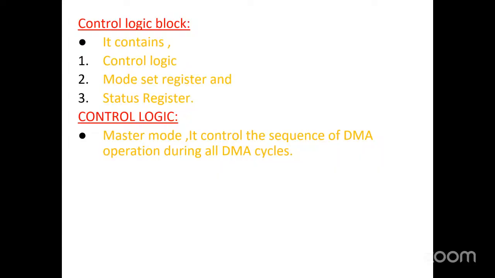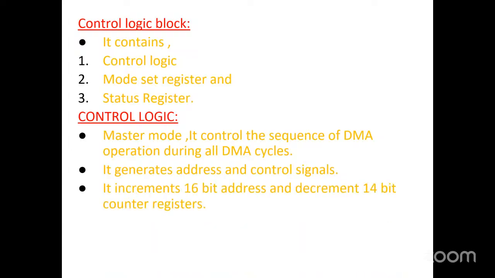Each transfer happens under the clock pulse. మీకు డిజిటల్లో ఏ టాస్క్ కంప్లీట్ కావాలన్నా క్లాక్ సైకిల్ కంపల్సరీ ఉంటుంది, but it is not read, but clock cycle is compulsory. Next it generates address and data control signals and it increments the 16-bit address and decrements the 14-bit counter registers. 16-bit address అంటే ఫస్ట్ 00లో డేటా ఉంది, ఆ డేటా ట్రాన్స్ఫర్ అయింది, నెక్స్ట్ ఏం కావాలి, నెక్స్ట్ 001 కావాలి.